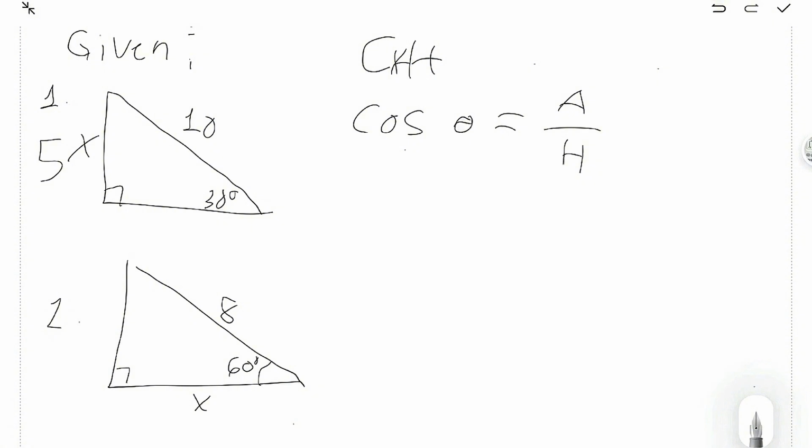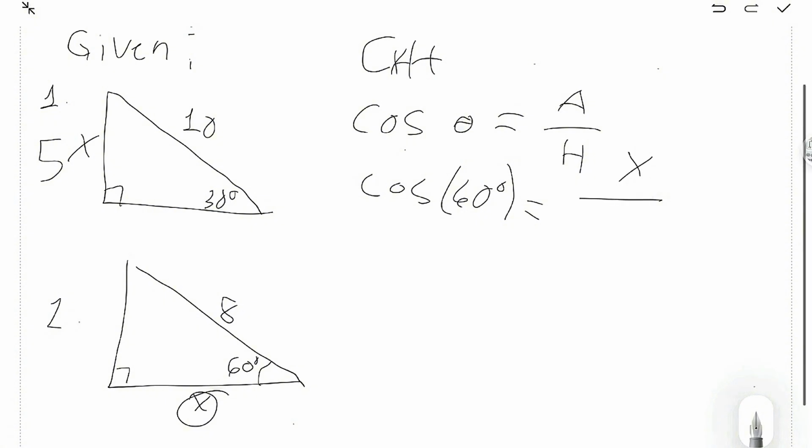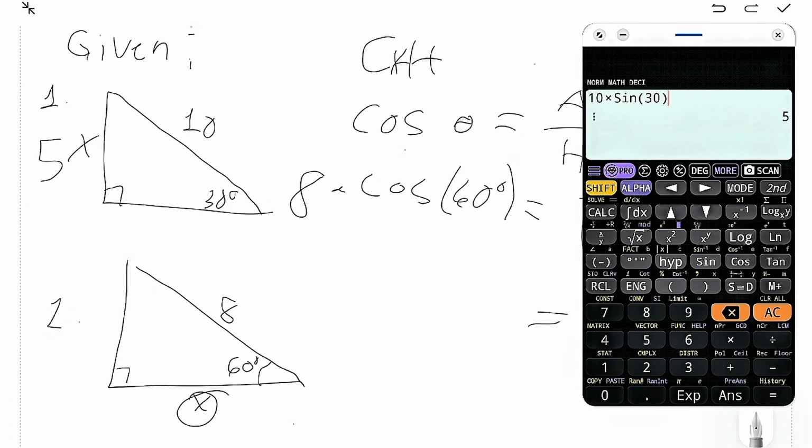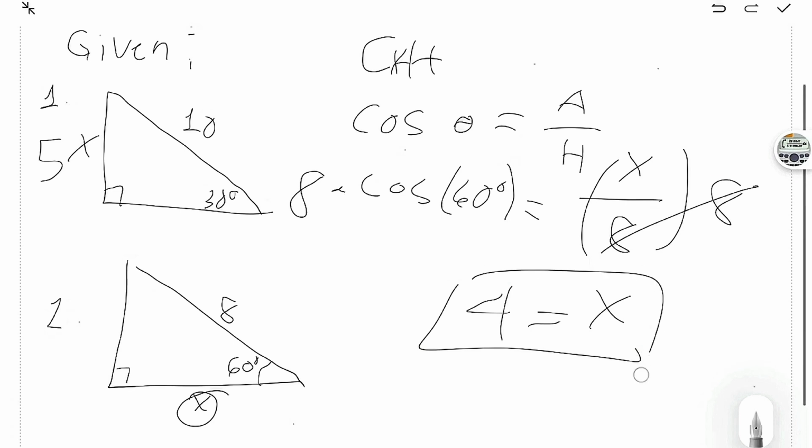Now cos 60 degrees, and adjacent is x over 8. Now we multiply both sides by 8. Then, using our calculator, 8 times cos 60 is equal to 4. So the adjacent side is 4.